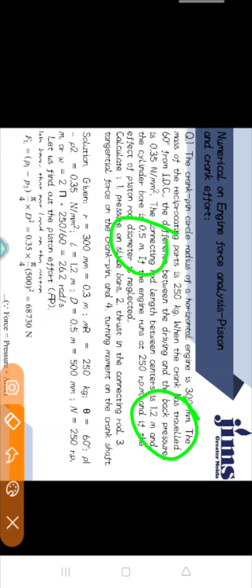The engine runs at 250 rpm, that means the value of capital N is 250. If the effect of the piston rod diameter is neglected. In this question, it is already given that the effect of piston rod is neglected, that means the value of small a equals 0 and a1 equals a2.